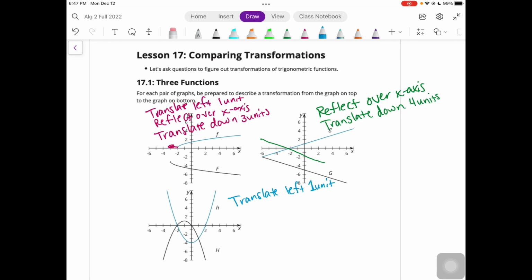And then reflect over the x-axis. And then, let's see, after we do that, we'll have this point, and it'll be going down like that. So then we're going to shift down 3 units.